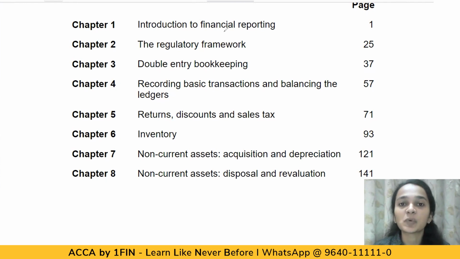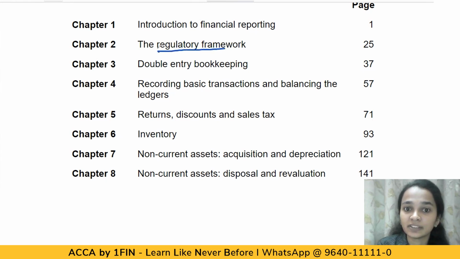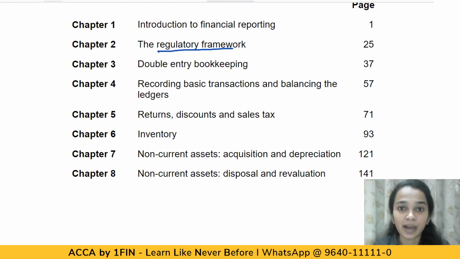Now, talking about the different things we are going to study here. The first is introduction to financial reporting, wherein we'll understand what financial reporting is, what the different forms of business organizations are, and then the regulatory framework, what the double entry system of bookkeeping is, how the basic transactions are recorded, and how the ledgers are balanced.